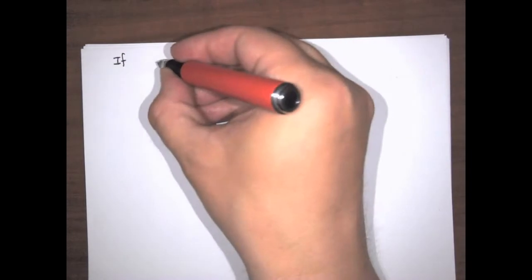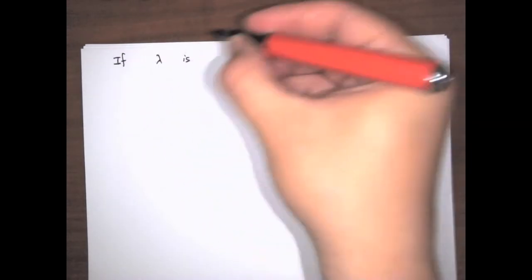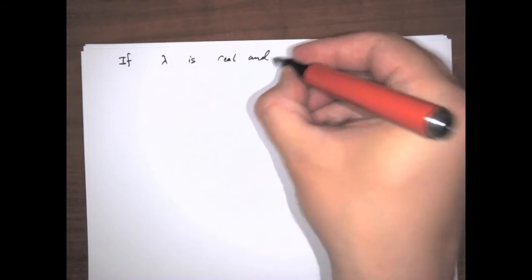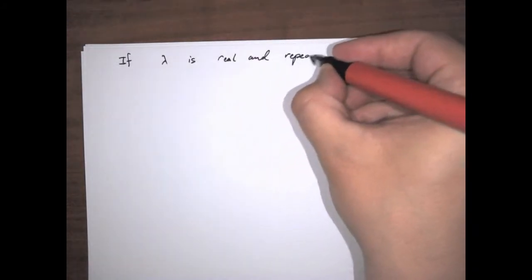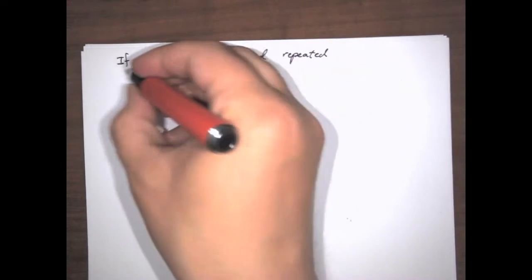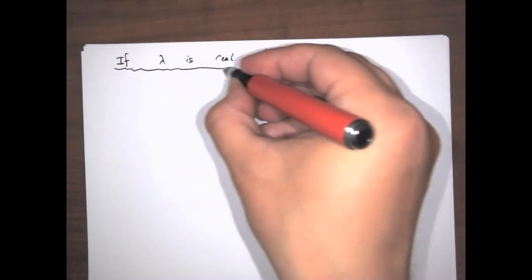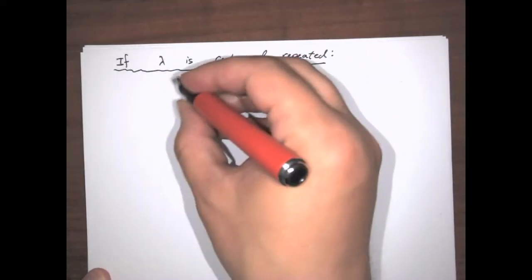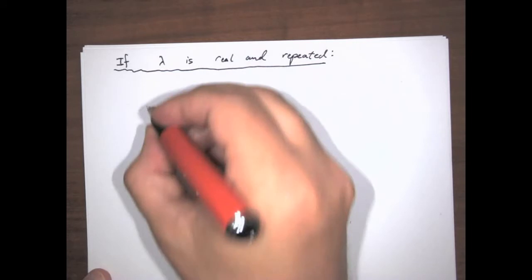Now if lambda is real and repeated, then the weights will be equal, but the directions may be a little weird.